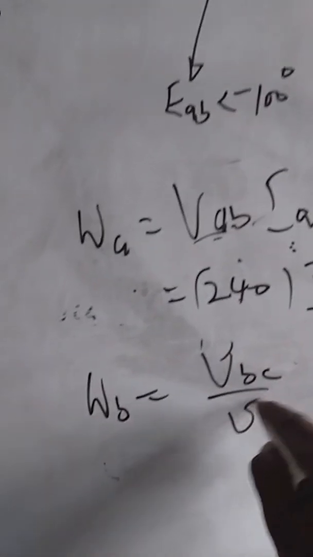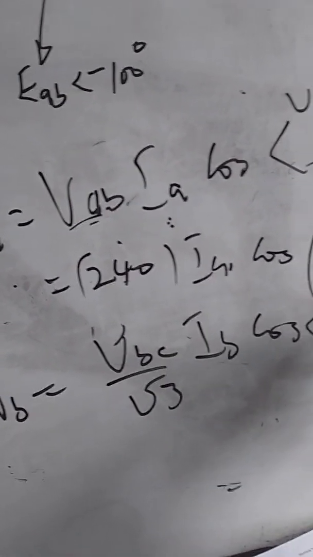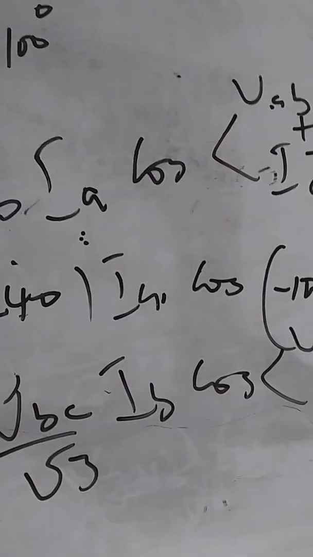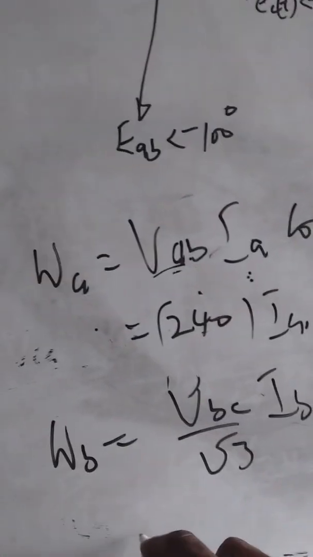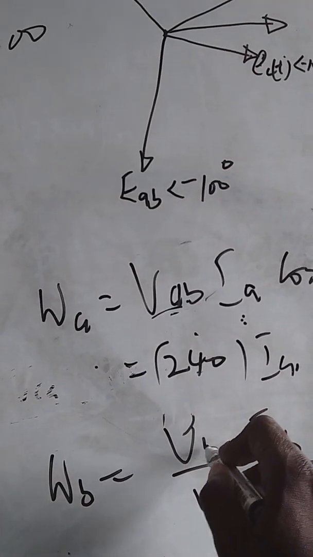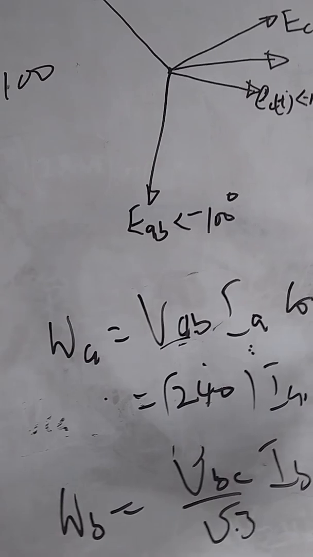WB also will be what? VBC divided by √3 IB cos VBC IB. Do you understand what I'm saying now? So with that now, that is the normal formula. But you remember that your VBC is supposed to be 240 times √3. Then if you have to divide again by √3, it comes back to the phase.